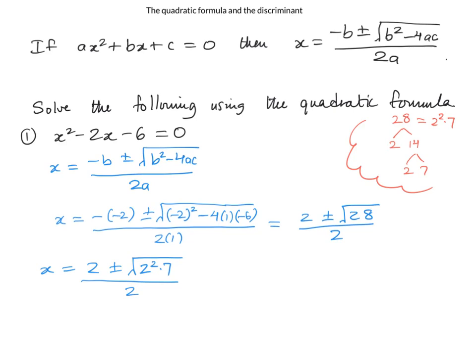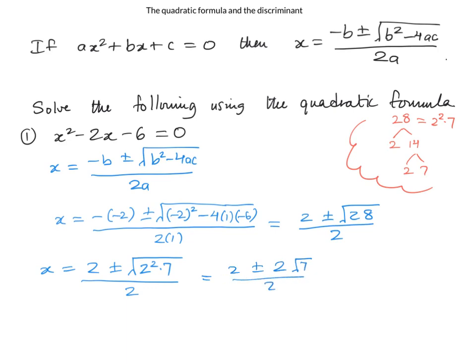Now the reason why this is helpful is because I can partially simplify the square root. Square root of 2 squared is just 2, and then square root of 7, well, I can't do anything to that. So it's 2 plus or minus 2 square root 7 all over 2.